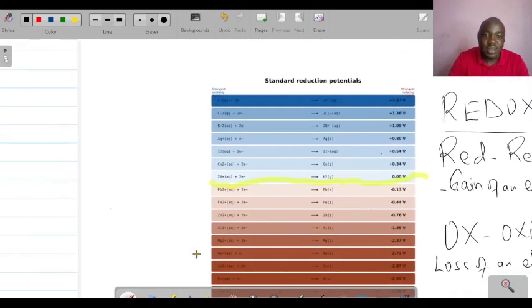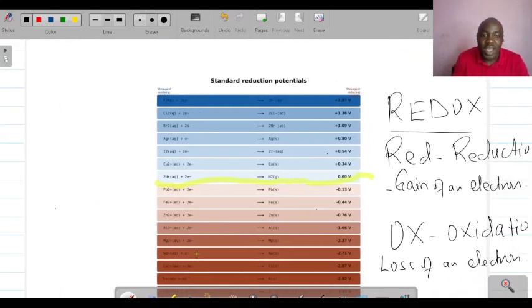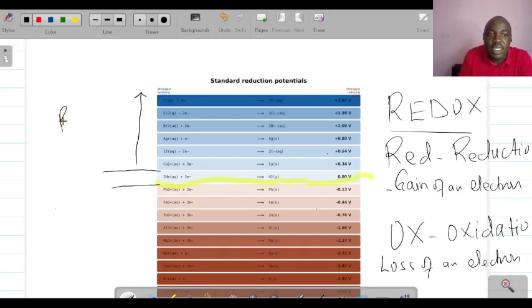So with that in mind, we can subdivide the standard reduction potentials into two parts: those that are above hydrogen and those that are below. All those that have positive values have the highest ability to undergo reduction.